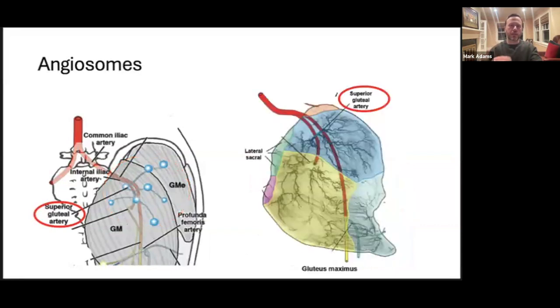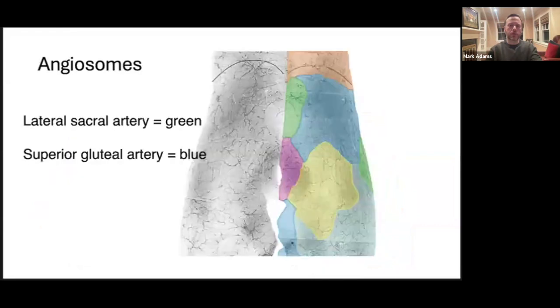And then at the skin, the superior gluteal covers this area in blue, and the lateral sacral artery covers the area that's in green. And so these are the two source arteries that perfuse the relevant area for the two approaches we're talking about.